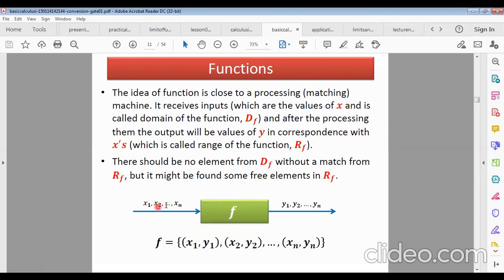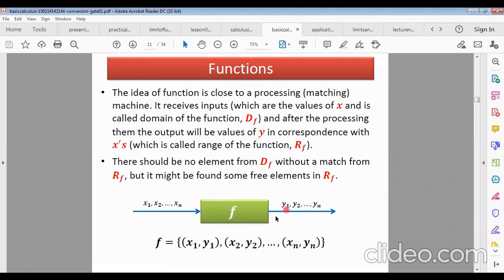Suppose x1, x2, up to xn are all the inputs: first input, second input, up to the nth input xn. Then this is the processing, that means the function, and it will give outputs: x1 gives y1, x2 gives y2, x3 gives y3, up to xn gives yn.